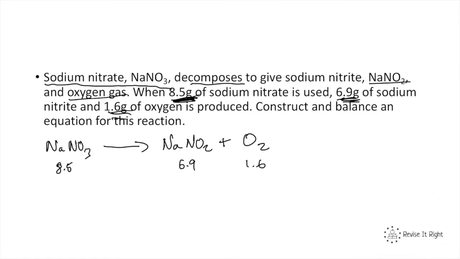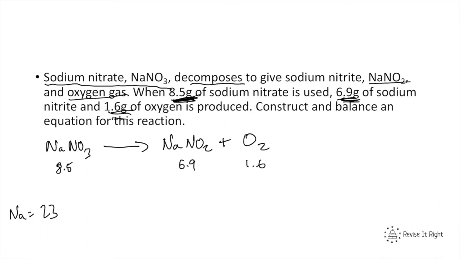So the first thing you do is write underneath the equation the masses for each of them. Then you've got to work out the MR of each of them as well. Remember, if you don't know how to work out the MR, go back and watch that video. So we've got sodium, Na, and on the periodic table the mass of Na is 23.